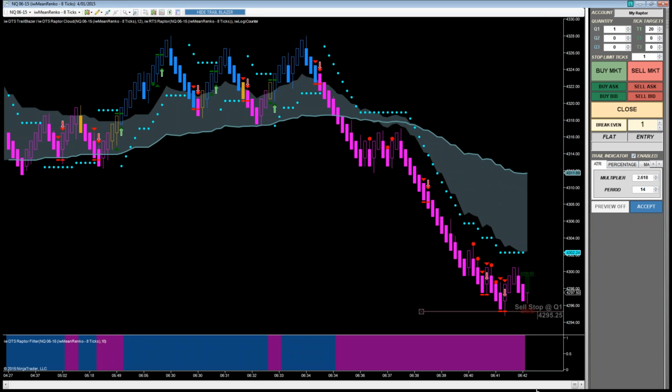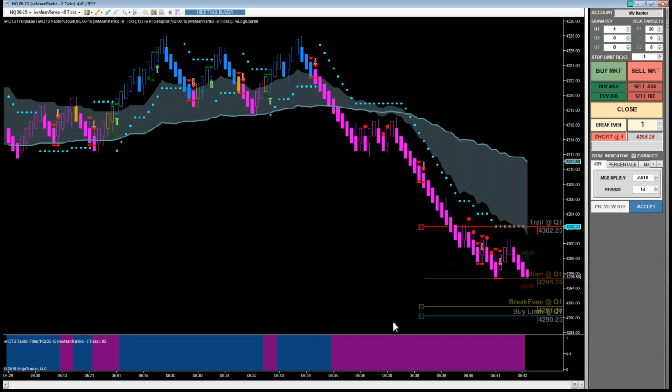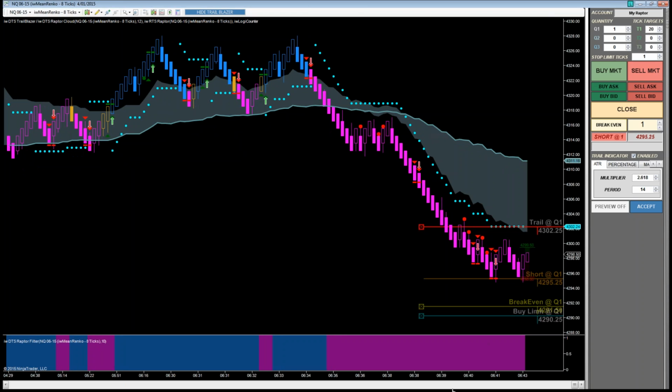You're going to notice that the Raptor will automatically give me a profit target, which I have set at 20 ticks, and automatically give me a stop loss as per my stop strategy. See that? So really all I need to do is enter the trade and it will default to my profit target and my stop strategy, which effectively makes it like a one-click system. That's the nice thing about the Trailblazer.